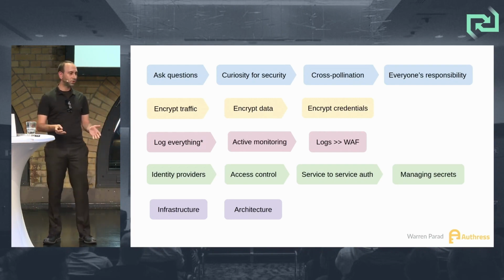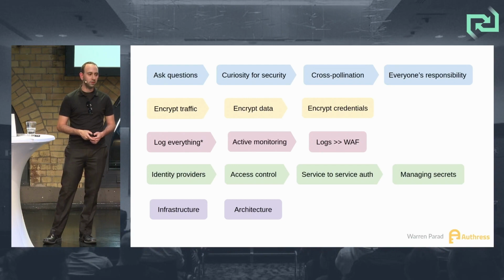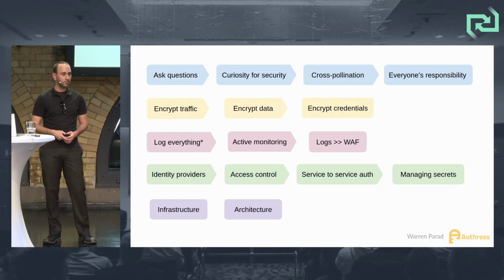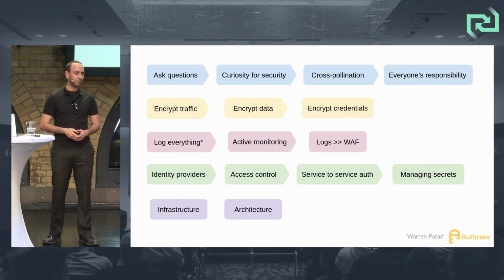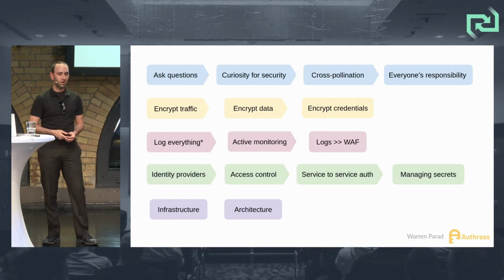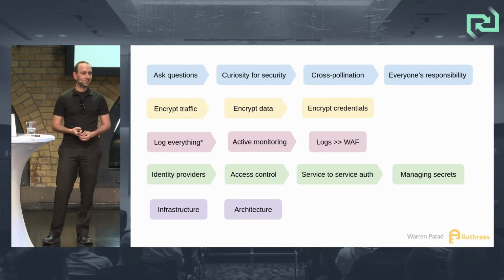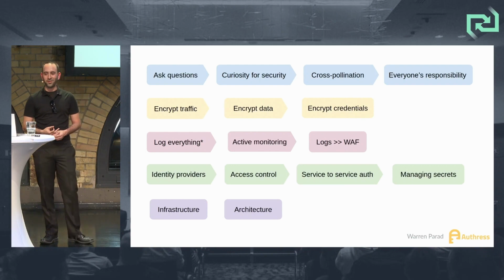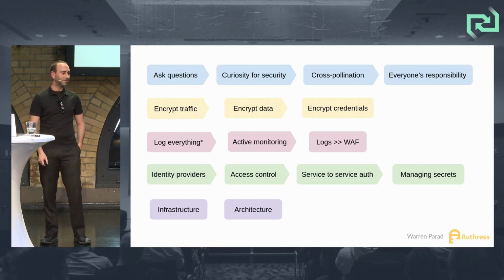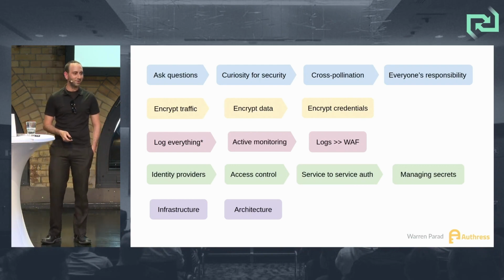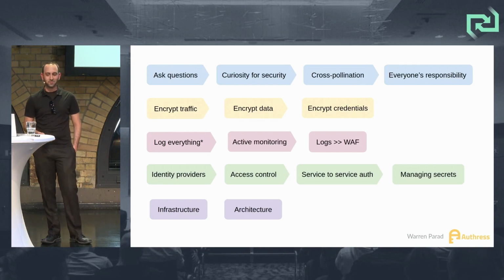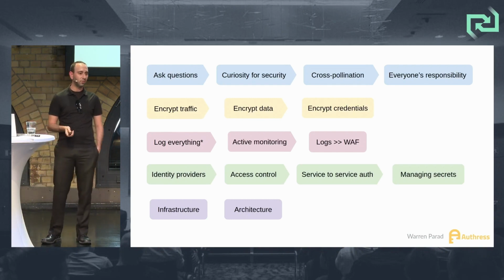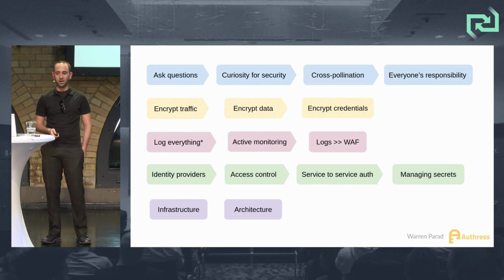Additionally, there's the infrastructure components and the architecture. Now, I have that here. I think this means a lot of different things to lots of different people. The number of talks that I've seen makes me think one thing is for sure in this conference, and that's we all mean something different when we say architecture. Hopefully some of these ideas help you secure whatever it is that you're building.